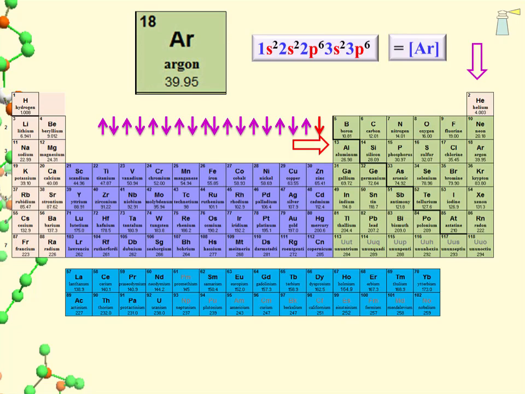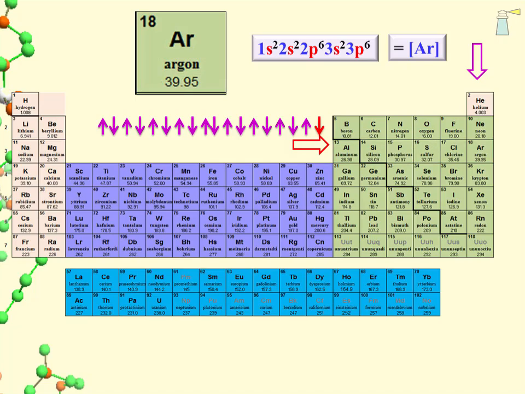One more time. The noble gas argon with its 18 electrons. Locating argon on the table, note that it is in the 3p block, meaning the last orbital in its electronic configuration is 3p. And we begin the electronic configuration with the lowest energy orbital.